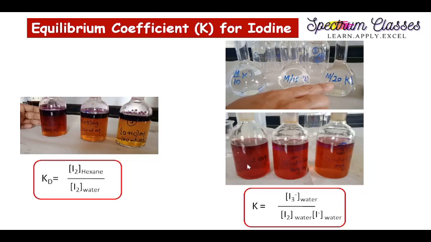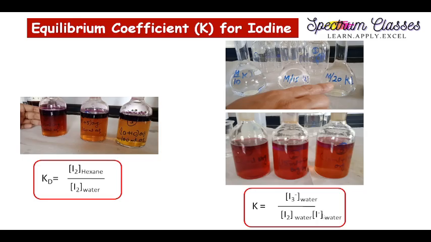It distributes itself in two different forms, I3 minus and I2. That is why we cannot directly consider the concentration of iodine in the water layer. So what we have is I2 plus I3 minus, which is determined by direct titration, and we also determine the I minus concentration.